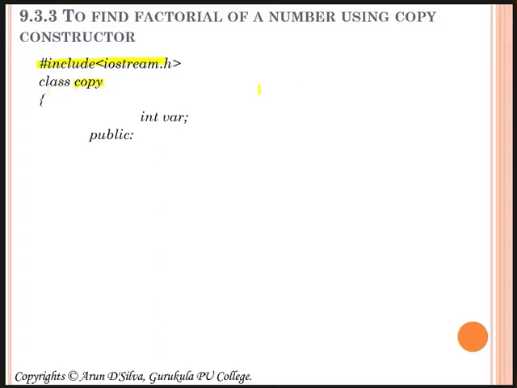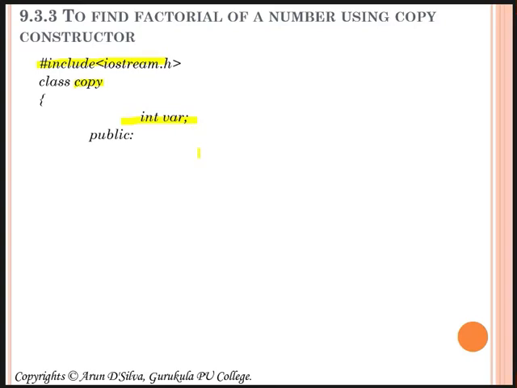The name I have given is copy, and in the private section I've created a variable, int var. I did not specify private, because in a class by default members are treated as private. If you specify it, it's good; if you don't, nothing will happen.